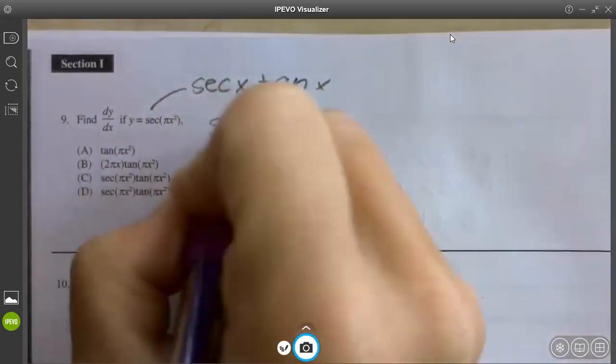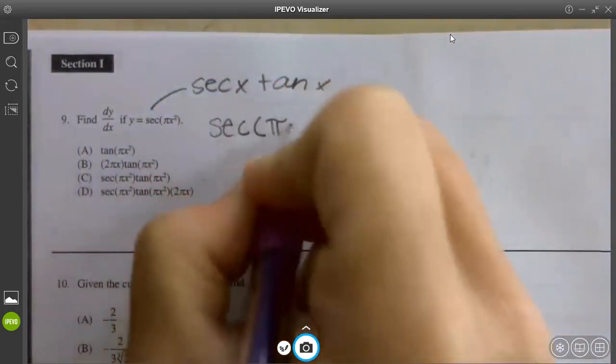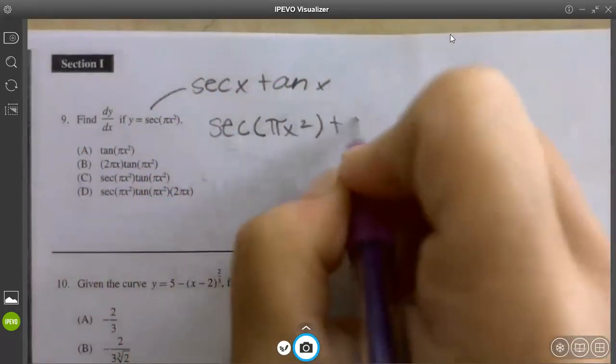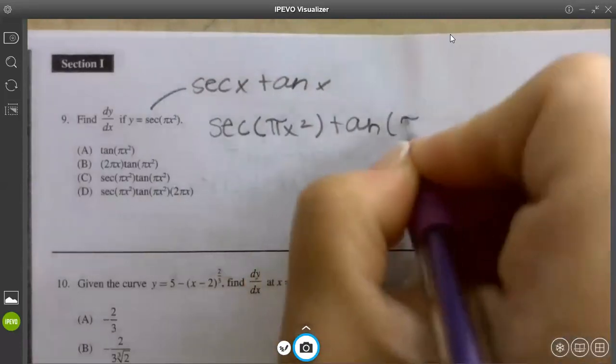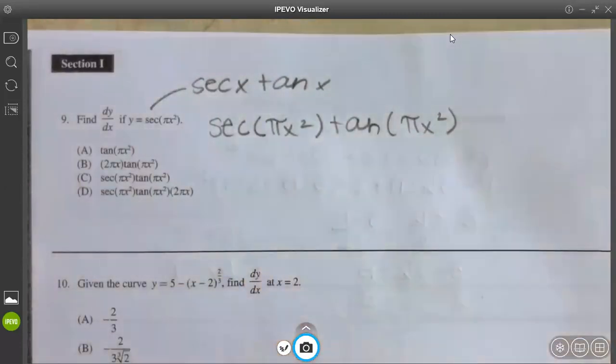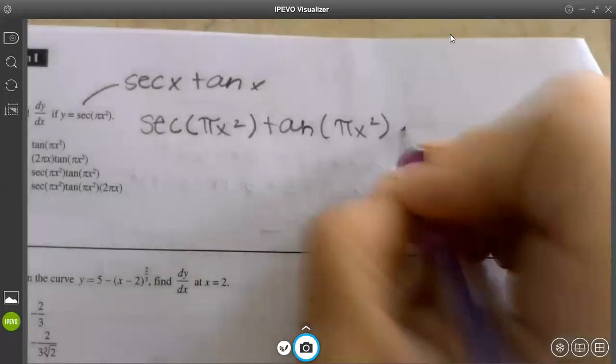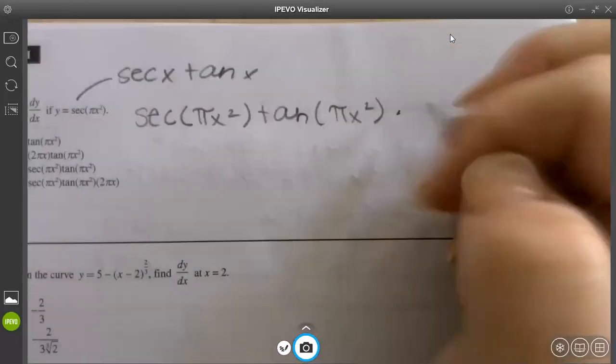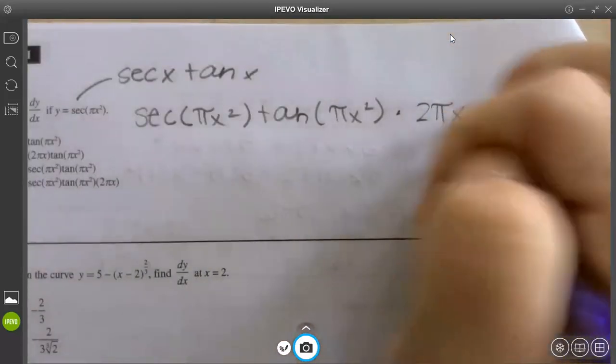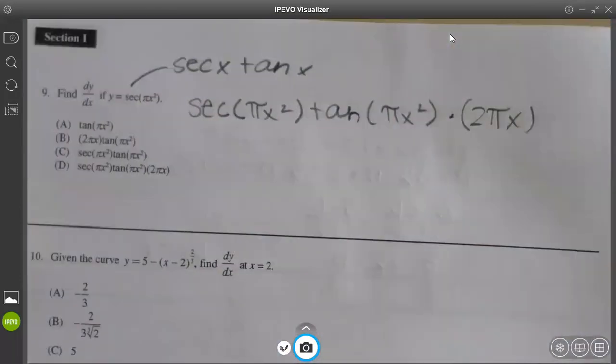So we're going to do secant of whatever's in our parentheses, tan, whatever's in our parentheses, and then what do we have to do? What is the derivative of this? 2 pi x. Which one is your answer? I hope you got that right. If you didn't, it's because you don't know your rules, or you didn't multiply over the derivative.